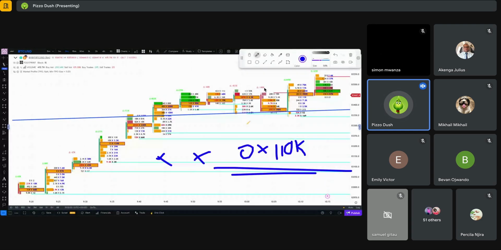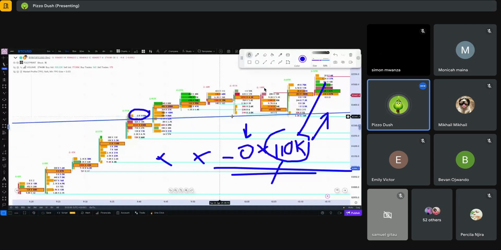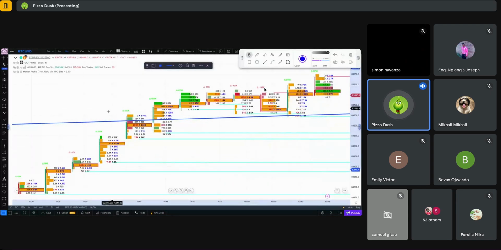You don't expect the market to go down and sellers ni 0. You expect the market to go up because there is a lot of buy volume. So you see, so 0 sellers by 110k buyers, you expect the market to break out, like what happened at this specific zone. So nisonyeshe kitu kidogo na muone. So you can see at this footprint this cell yenye nimesako hapa hivi kuna 0 sellers by 110,000 buyers.